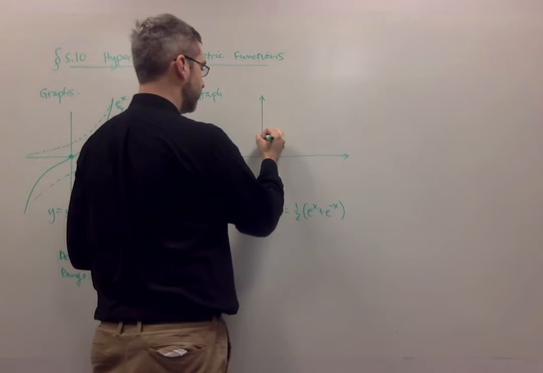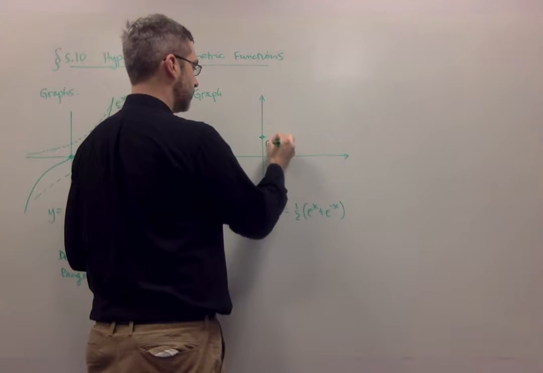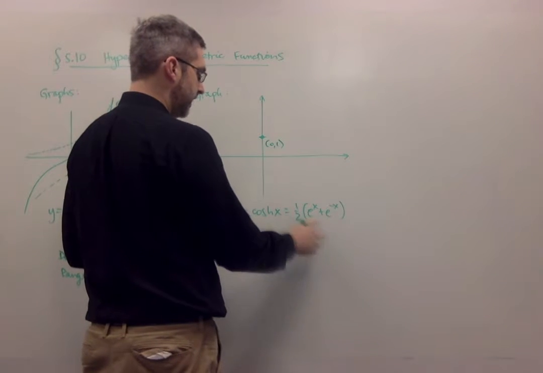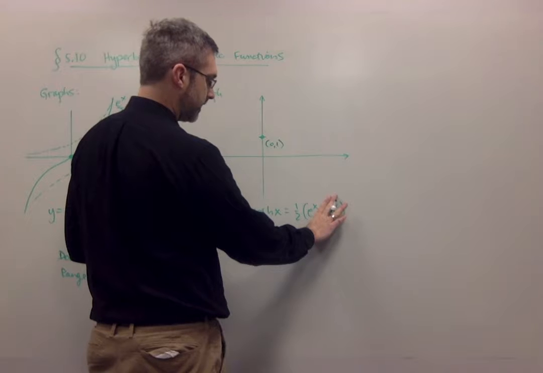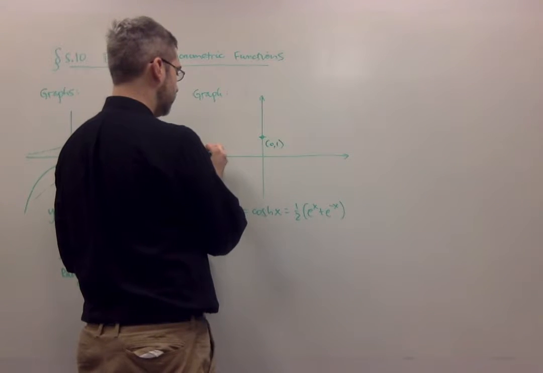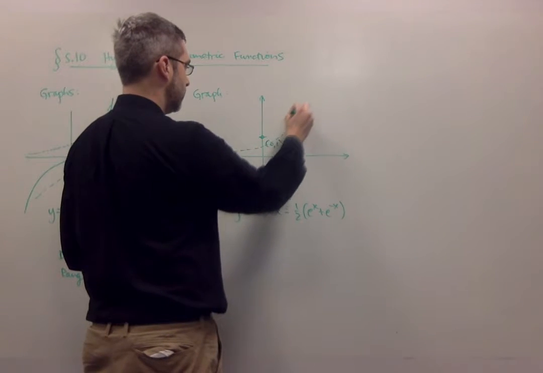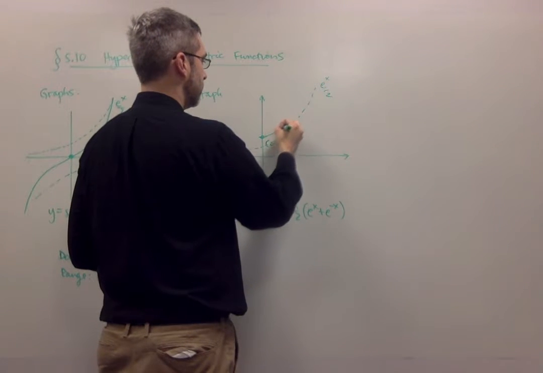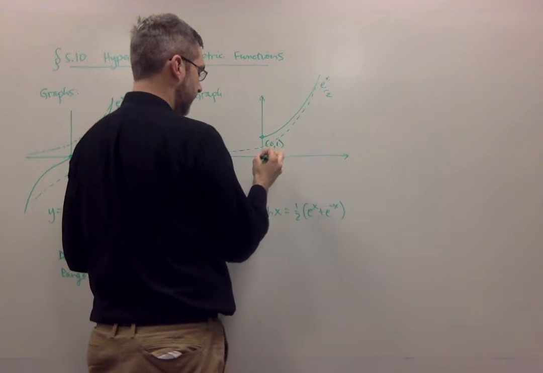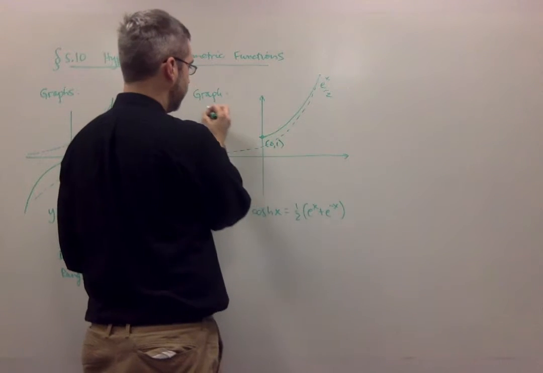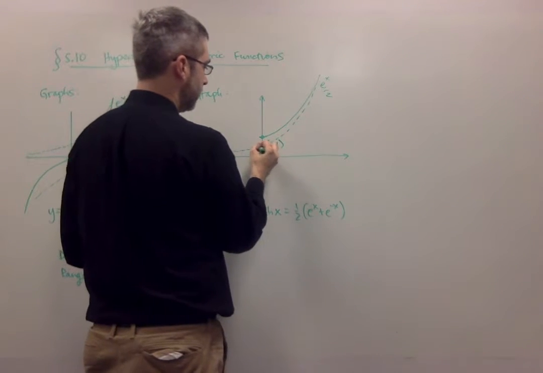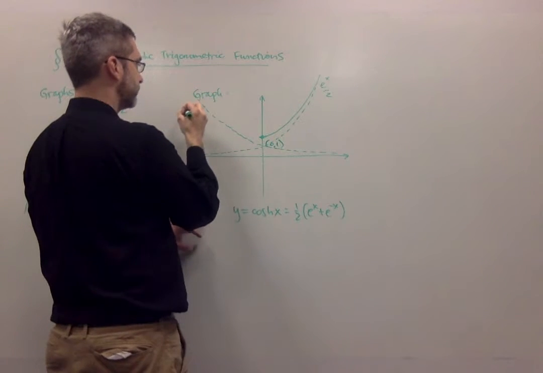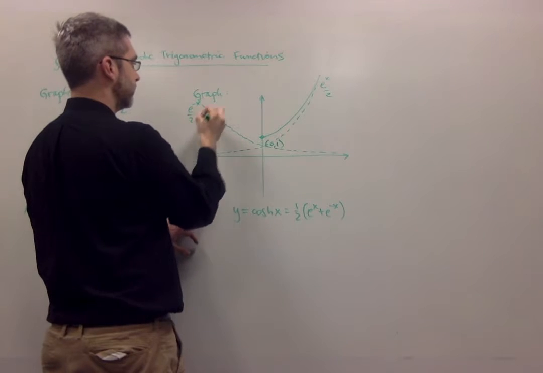So this goes through the point 0, 1 there. And when x gets big, again, this term goes away, and we're close to e to the x over 2. And when x gets small, this term goes away, and we're close to e to the negative x over 2.